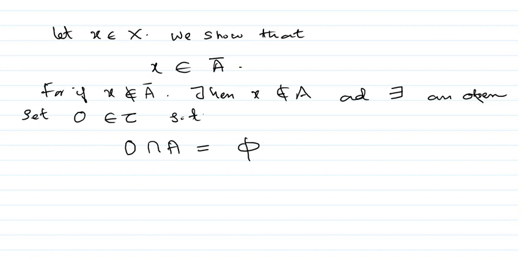Is this step okay? There is an open set O such that x belongs to O, and O intersection A is empty.